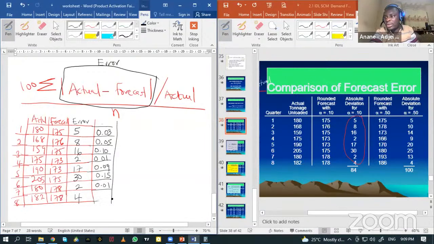And the last one, 4 divided by 182. 0.02.